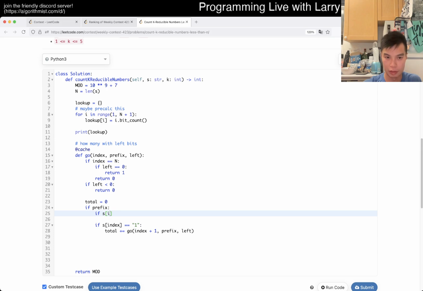I guess we can just do it this way, which is kind of yucky, but oh, whatever. So if it's 1, then we just kind of keep going. Otherwise, we go. We follow the prefix. This is left minus 1.